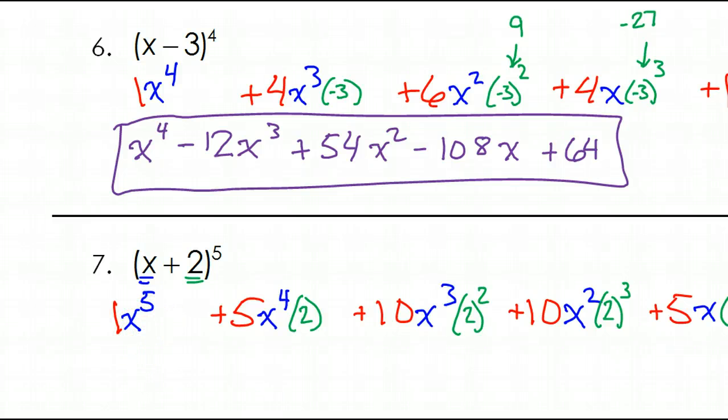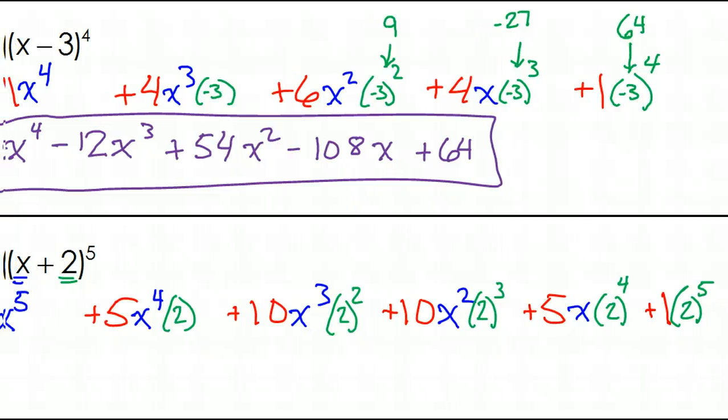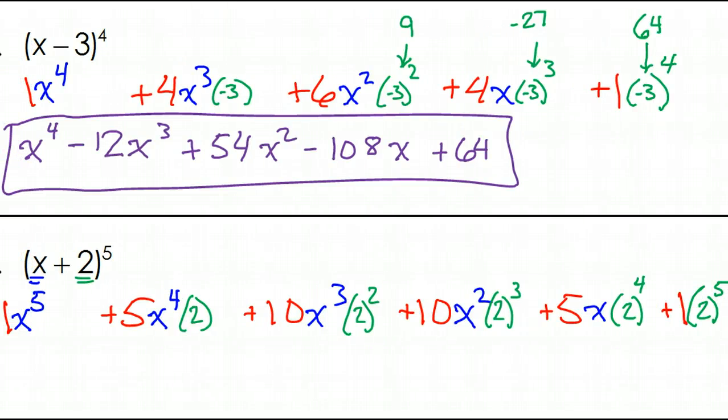So all I have to do is simplify this. So here we go. x to the fifth power, I can just bring that down. Here I've got 5 times 2. Well, that's 10. So that'll just be 10x to the fourth power. Of course this 2 squared is 4, so I've got 10 times 4.